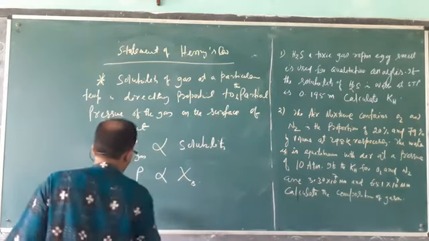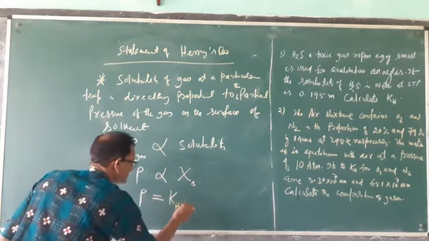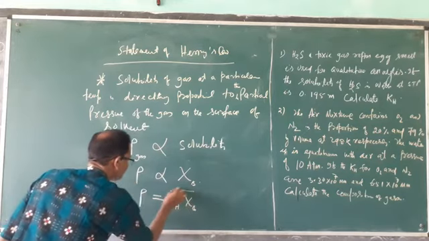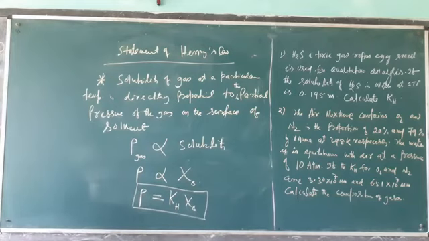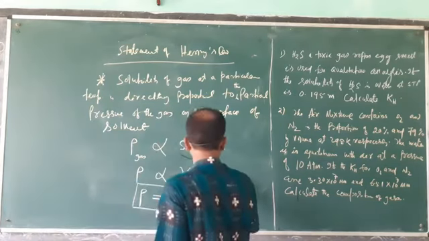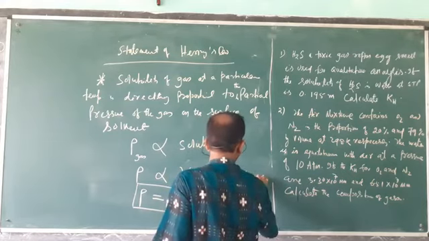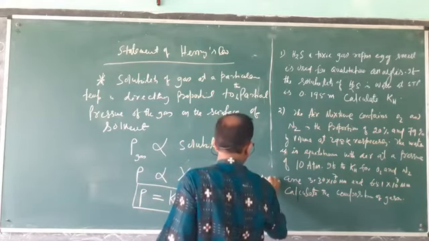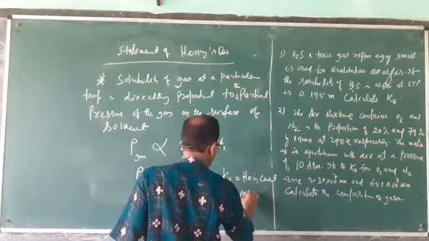So if you combine it, P is equal to some constant KH into χ. What is KH? KH is called the Henry constant, and χ is called the mole fraction.